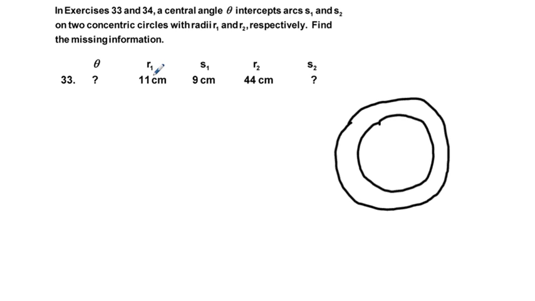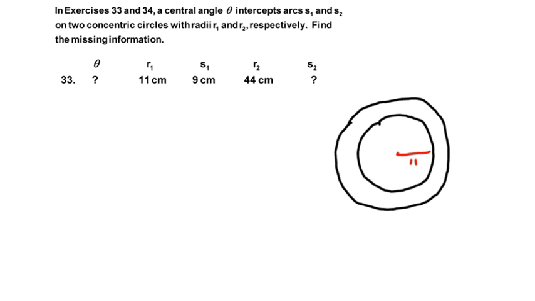Not such a great drawing, but it'll have to work for us. Our inside radius is 11 centimeters. So here's our 11 centimeters. And our outer one, R sub 2, is 44. That's going to be significantly larger.